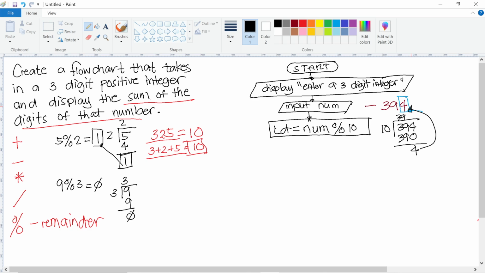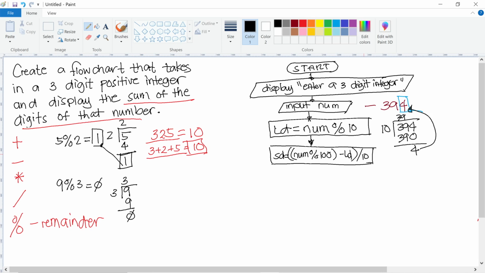Okay, so the next operation would be to get the second digit. So how do we get the second digit? We say second digit is equal to num modulo 100, minus the value of LD, divided by 10.